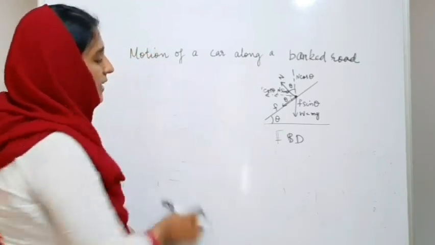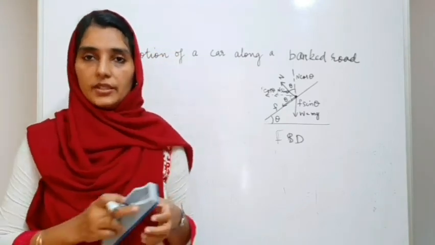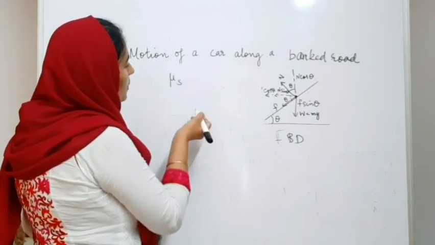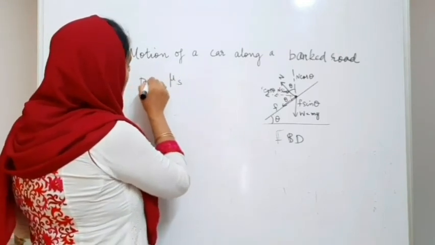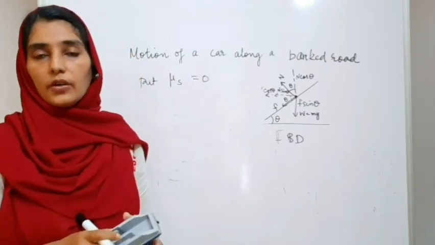What is the condition for minimal wear and tear? We cannot eliminate friction here, but we can make it approximately equal to 0. So let us put mu s equal to 0 in the expression for the maximum speed.